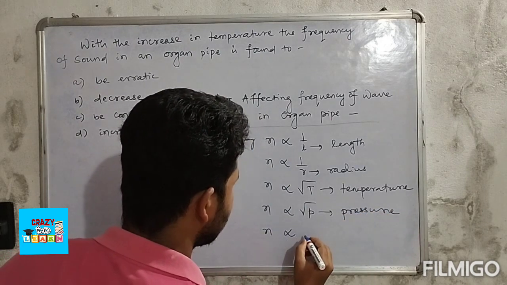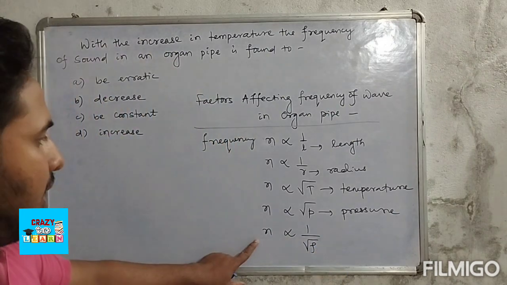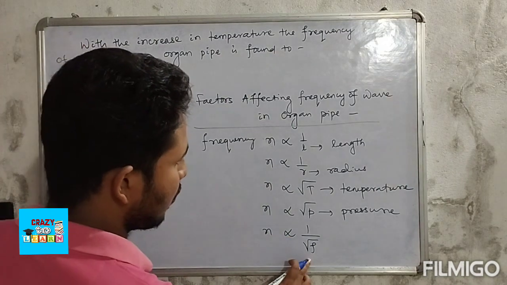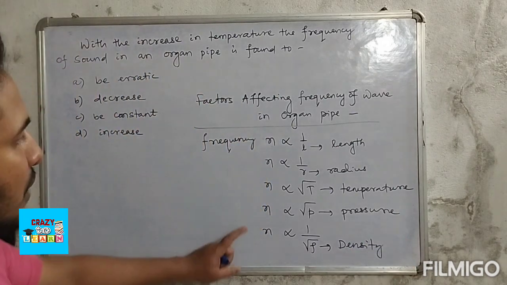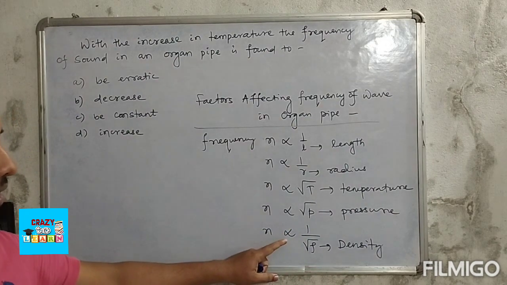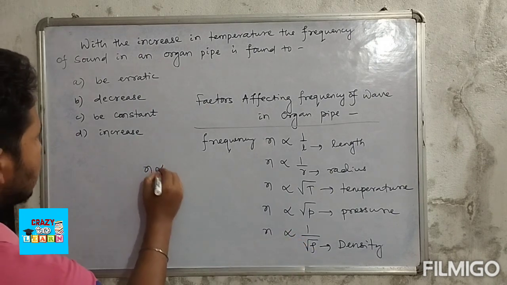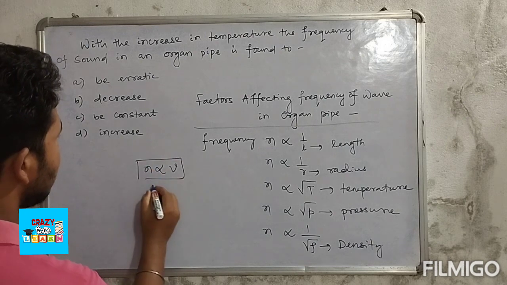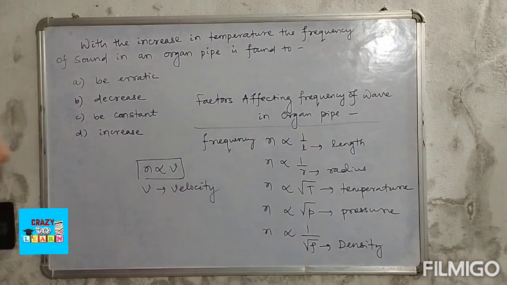N depends inversely upon the square root of rho, where rho represents density. So frequency depends inversely upon the square root of density. And N depends directly upon the V, where V is velocity. So you should remember these things.